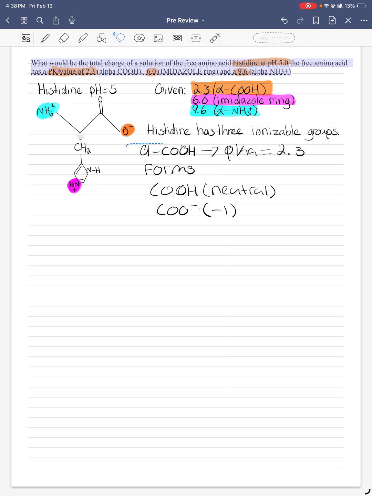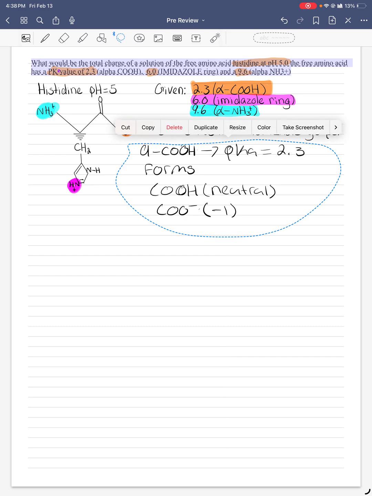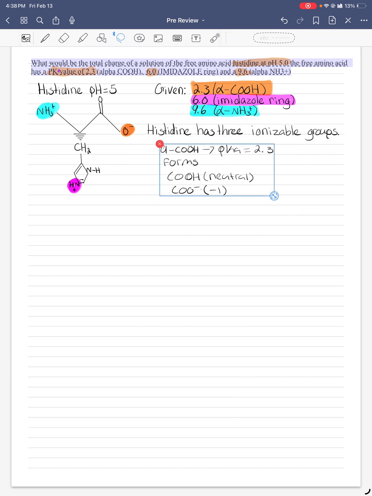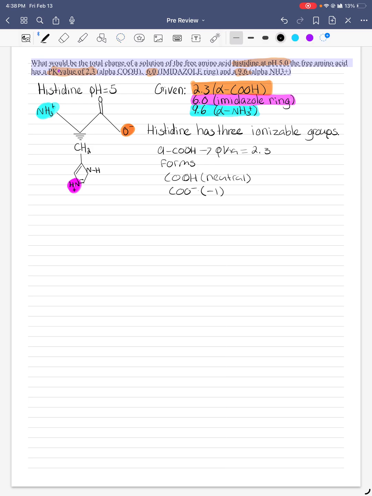Now let's just make this a little smaller. Excuse my handwriting, right? Put it right here. And then we have the imidazole ring, right?